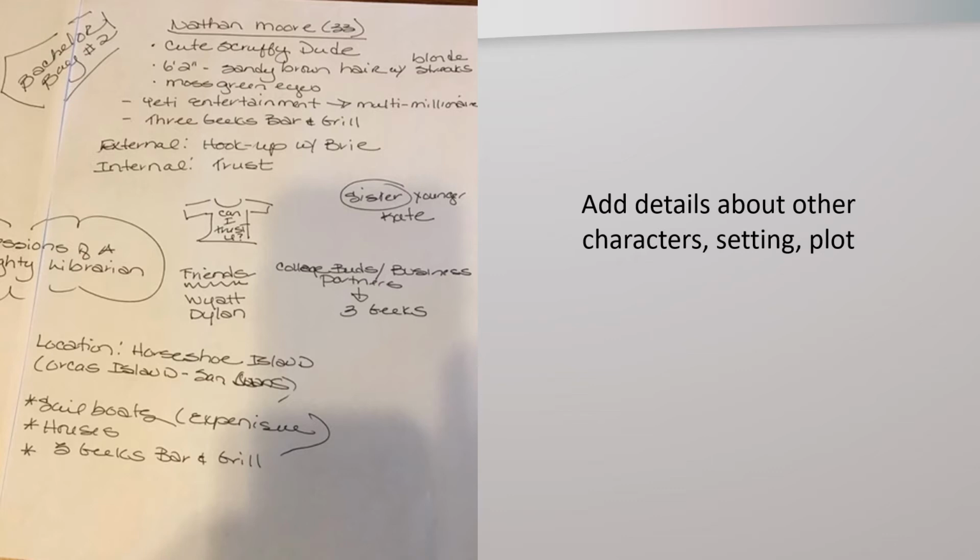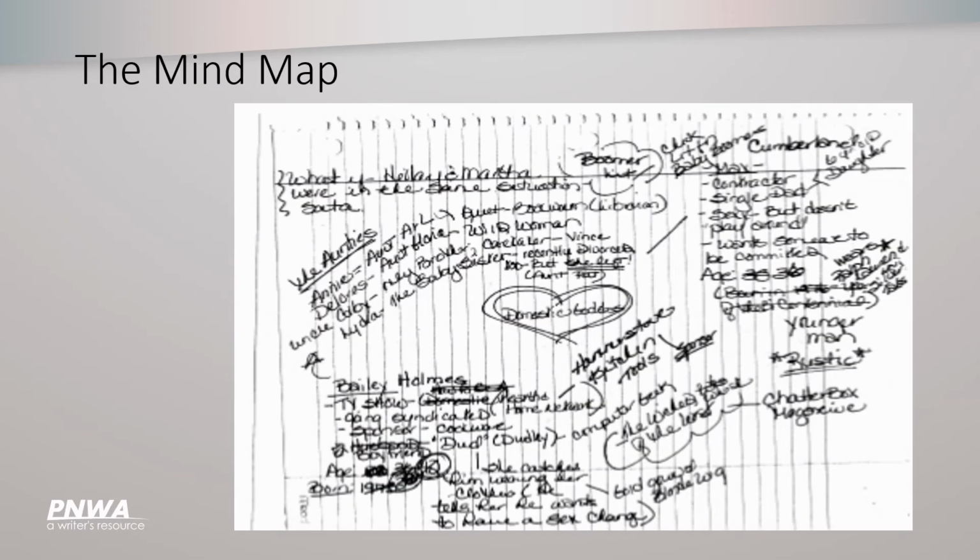So you can work on this as ideas come to you and just quickly put them down on your mind map. You're not going to write out long details about these at this point. You can put in setting, you can put in some ideas about your hero or heroine's family. Again, quick, fast, fun.